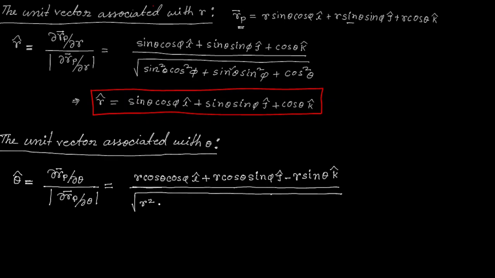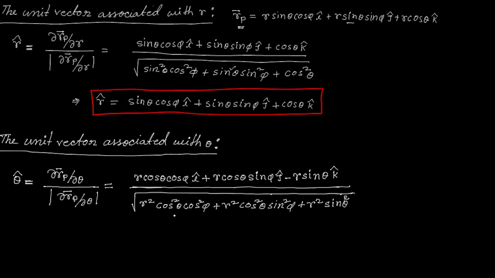It will be r square cos square theta into cos square phi, plus r square cos square theta into sin square phi, plus r square sin square theta. Okay.